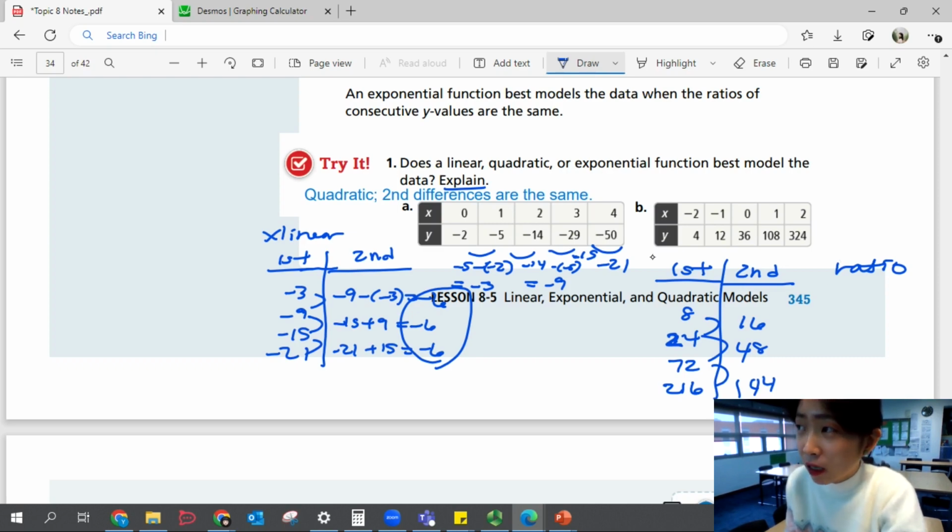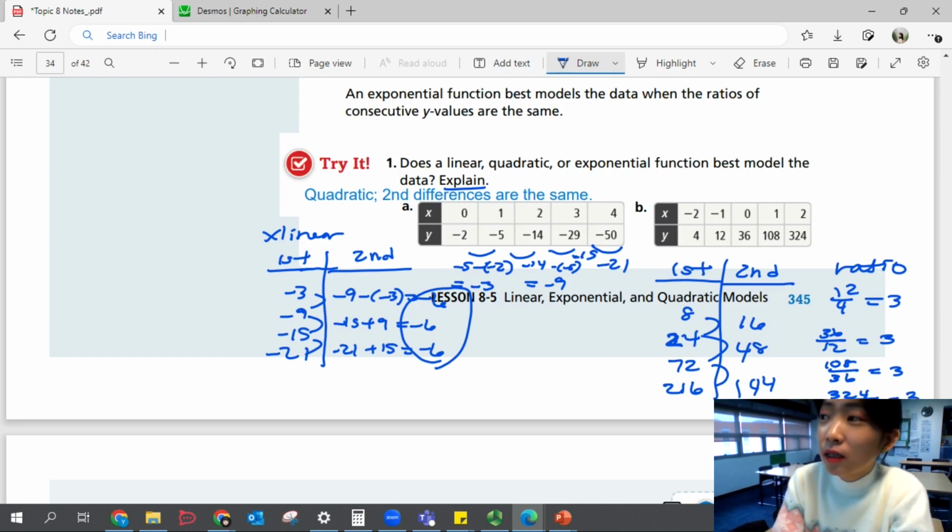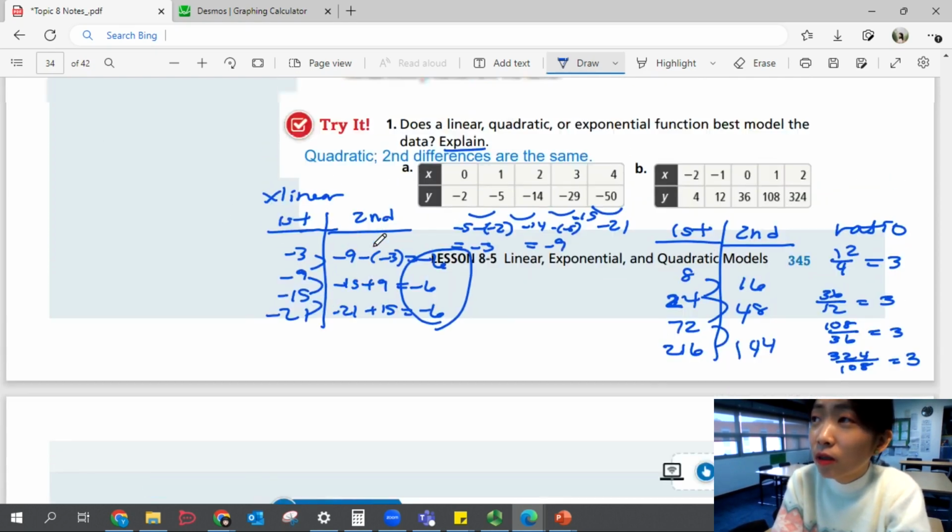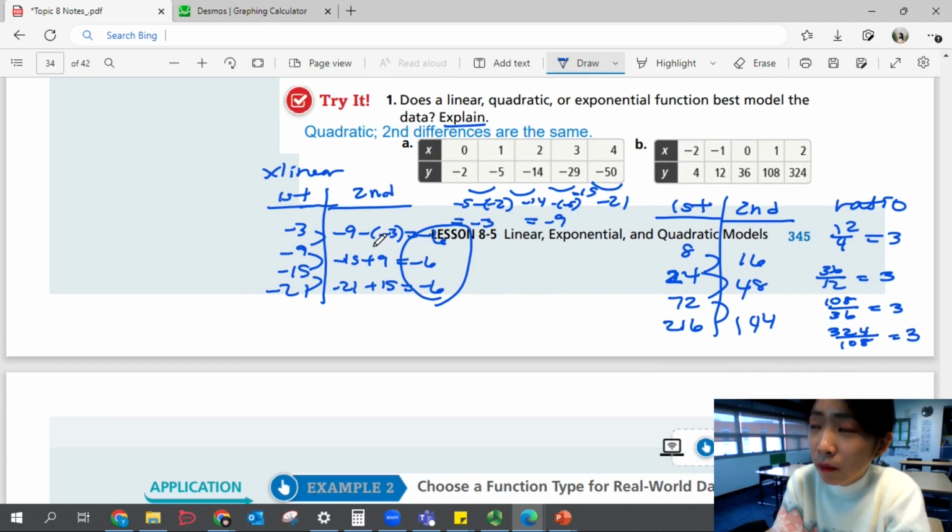But let's check the ratio of the y values. 12 over 4 is 3. 36 over 12 is 3. 108 over 36 is 3. And 324 over 108 is 3. So now we see that the ratios of the y values are the same.